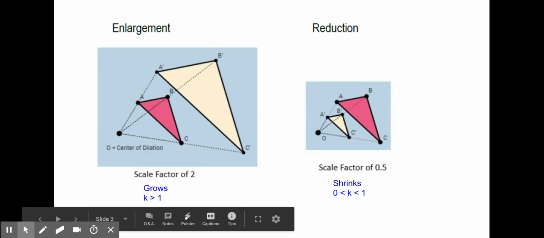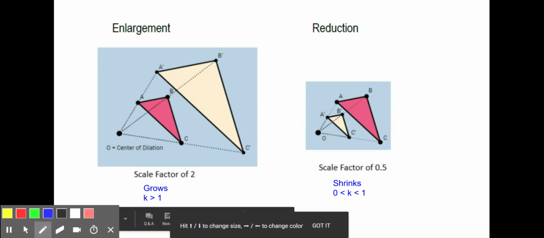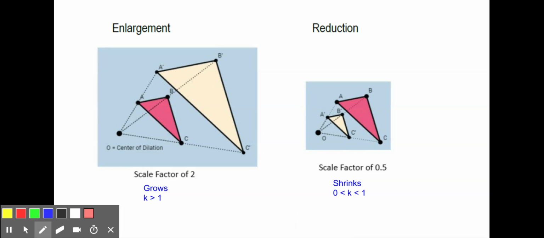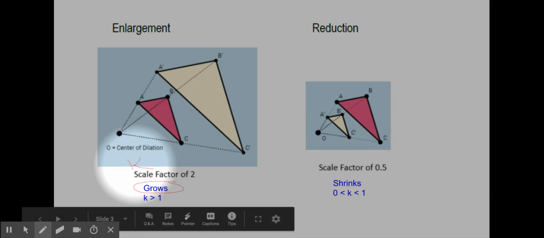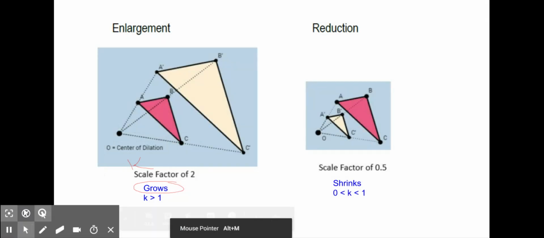We can have an enlargement or a reduction. So an enlargement is when our image grows, right? So we'll say grows. And a scale factor we represent with the variable k. And when our scale factor is greater than 1, the image will grow.